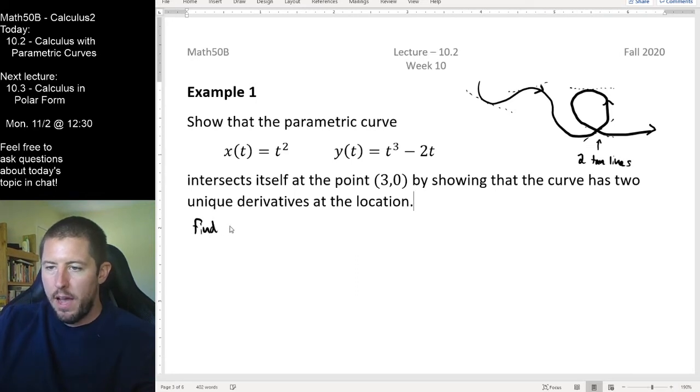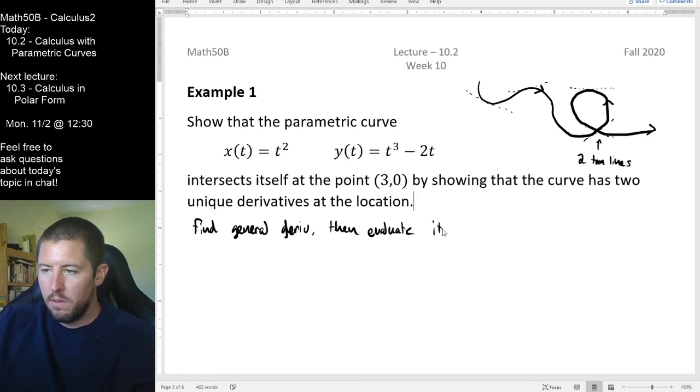So let's find a general derivative, specified at the time t of interest.